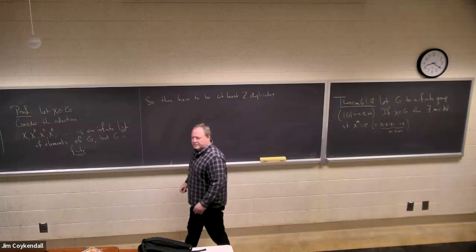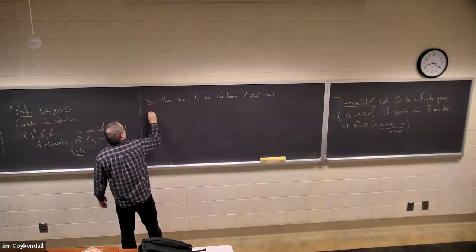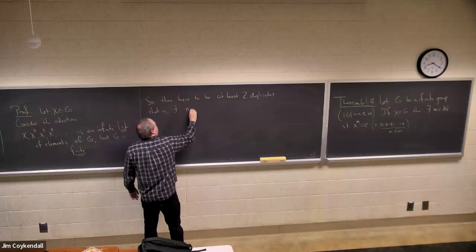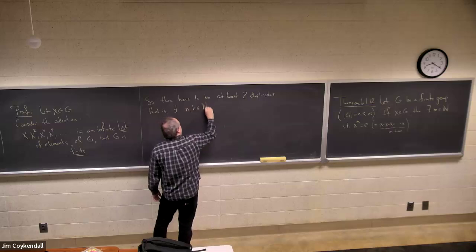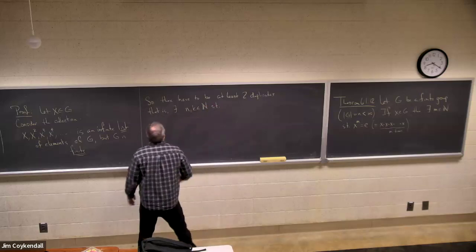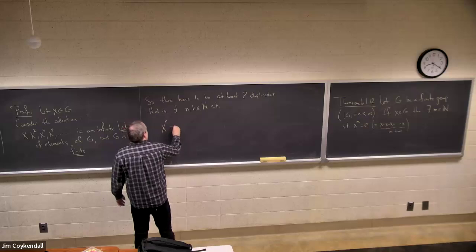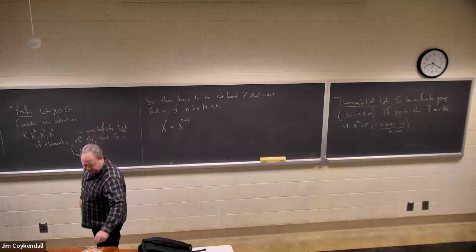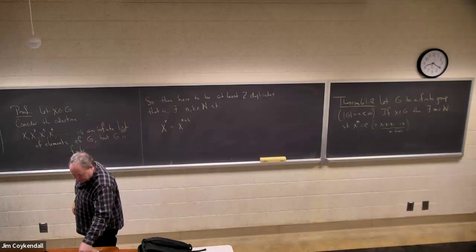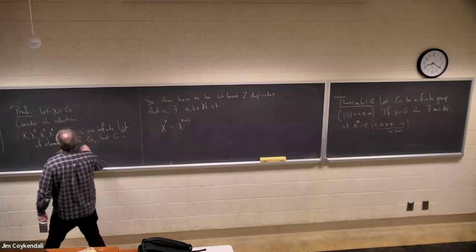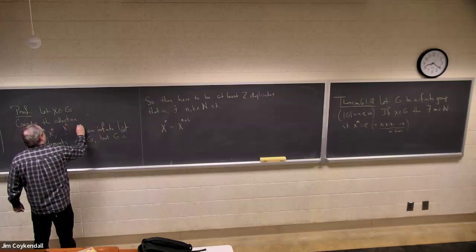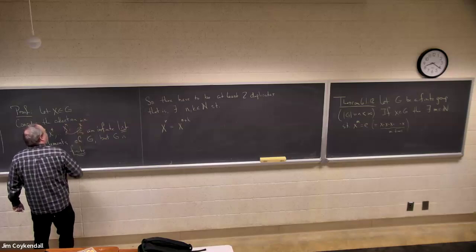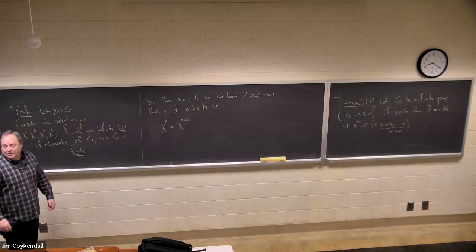Let me be more precise. That is, there exists n in the natural numbers, and k, such that X to the n is equal to X to the n plus k. That is to say, on this list here, after a while we get to X to the n, and then later on in the list we get X to the n plus k, and we see it's repeated.